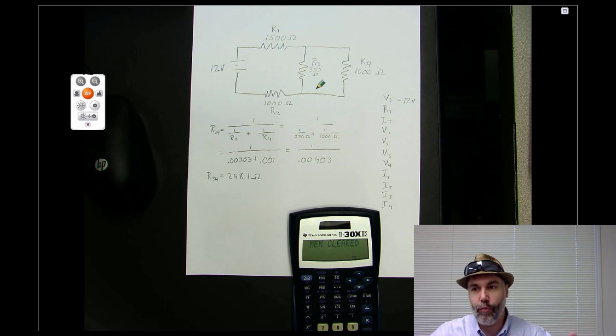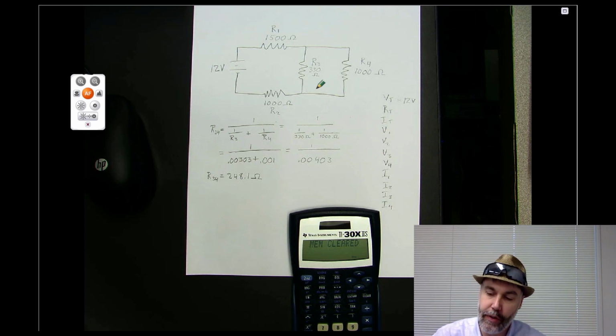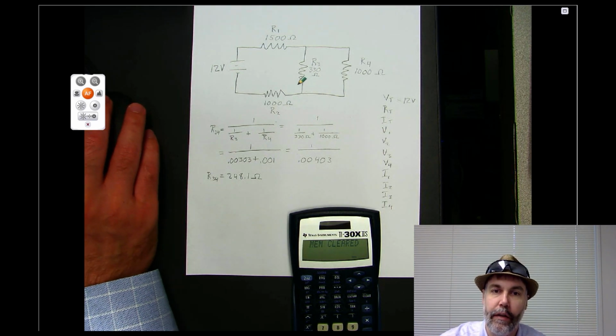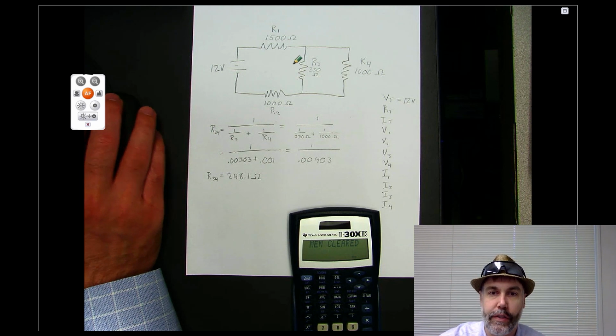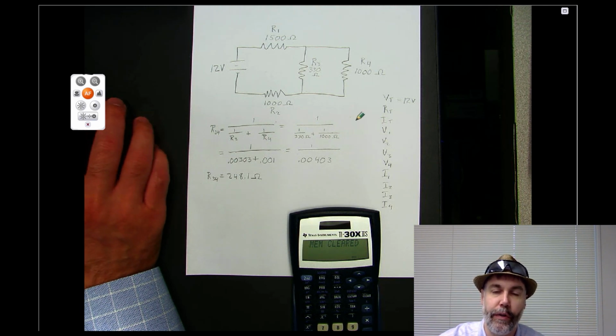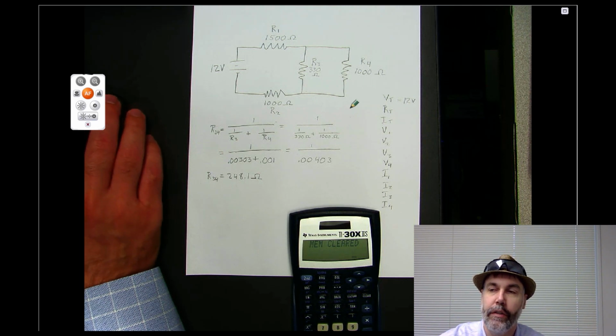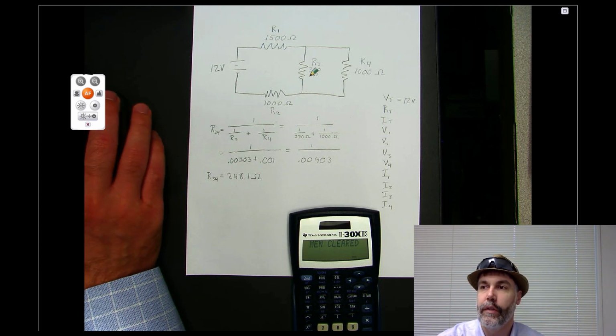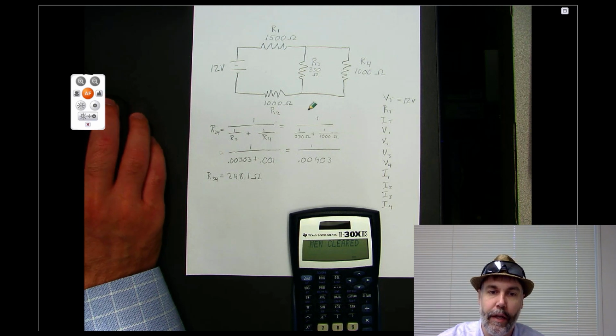We're giving the electricity more paths to flow through, so the equivalent resistance has to be less. In fact, it has to be less than the smallest resistor in the circuit. So in this case, the smallest resistor in the circuit is 330 ohms, and we're saying that the equivalent resistance is 248. So is our equivalent resistance smaller than the smallest resistor here? Yes. So that is a good indication that we're probably on the right track.